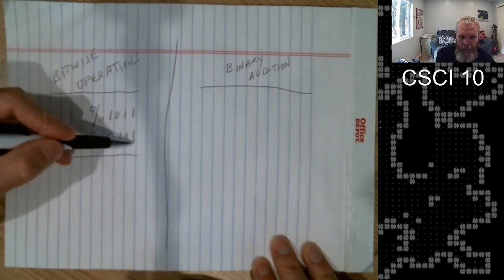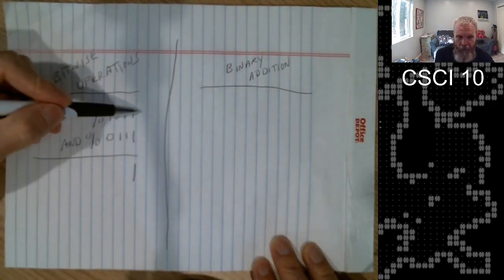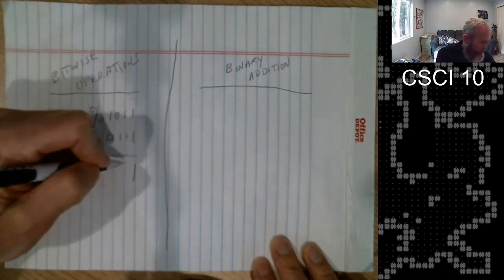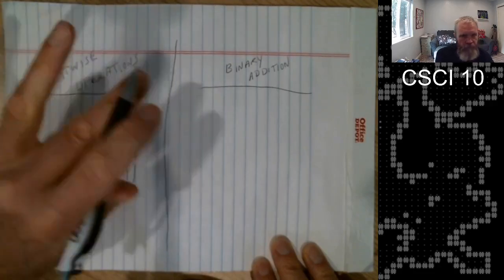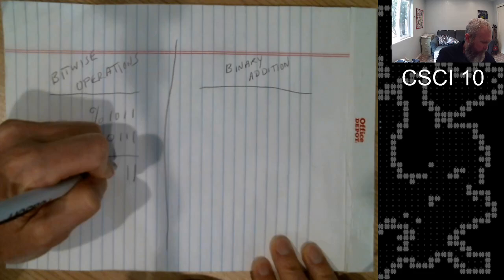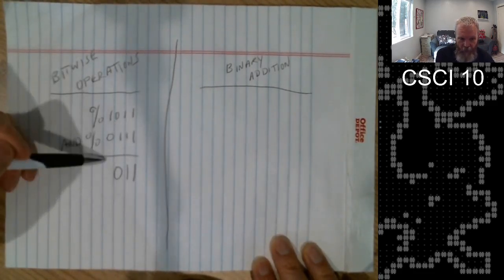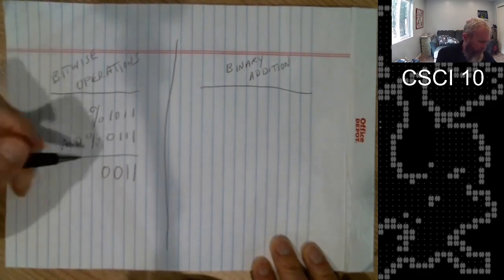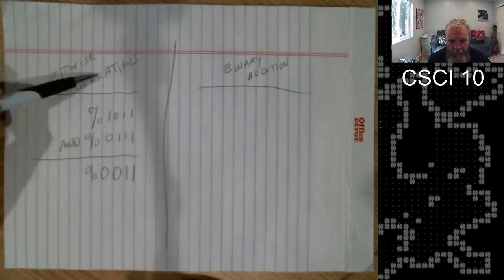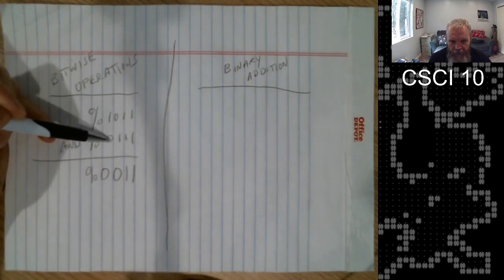So 1 and 1 is 1. That's it. There's no part of that result that carries to the next column. 1 and 1 is 1. 0 and 1 is, sorry, 0. And that's it. There's no carry. 1 and 0 is 0. So just remember that when you're talking about bitwise operations, it literally just applies to the pairs of bits.